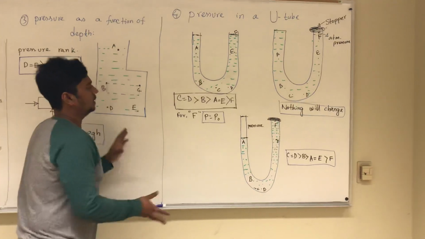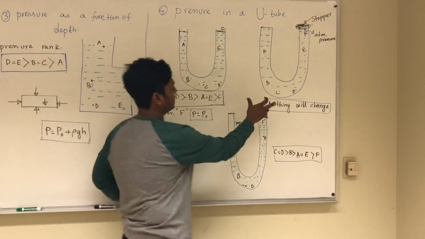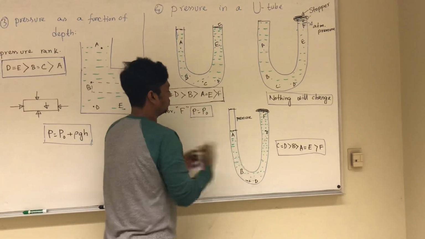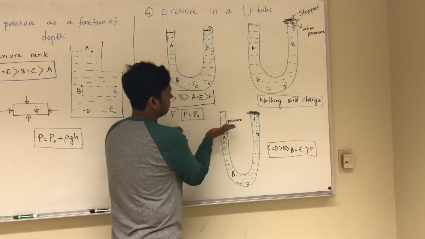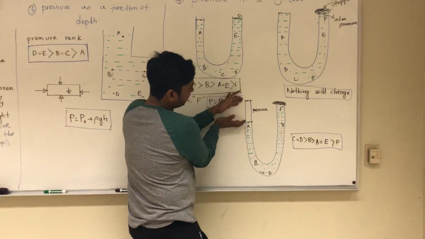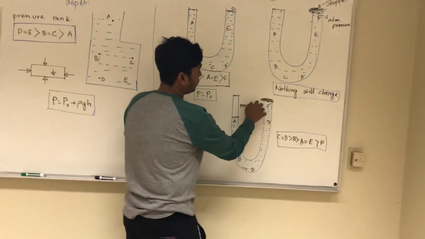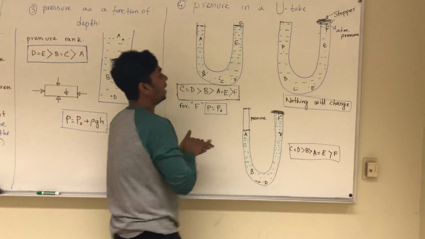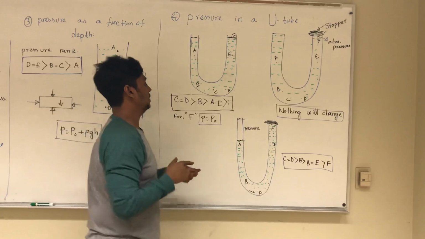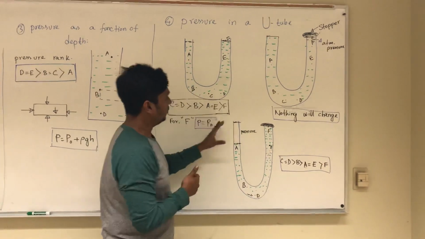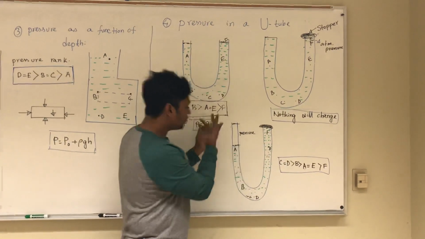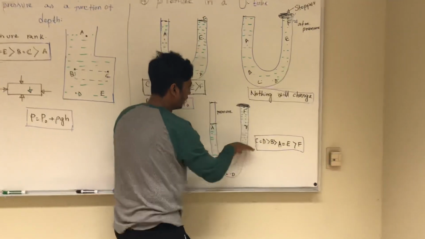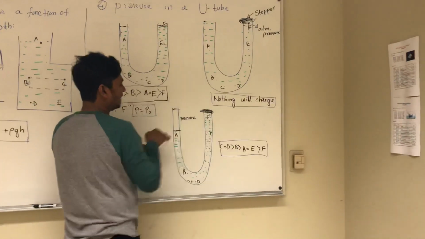Now let's do something different. Same setup, but we take some water out with a syringe or something like that. Then we make this side empty, but the stopper side, the right side of the tube, keeps the same height of water. Now what will happen? If you want to take water out from this side, you cannot do this. This layer will go down and it will make equilibrium.